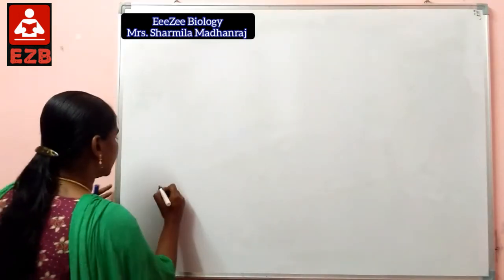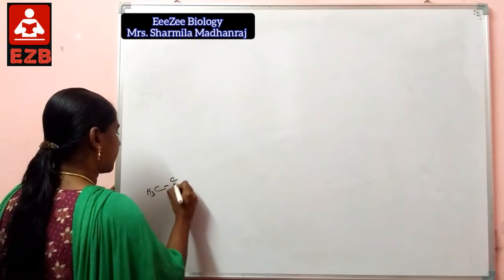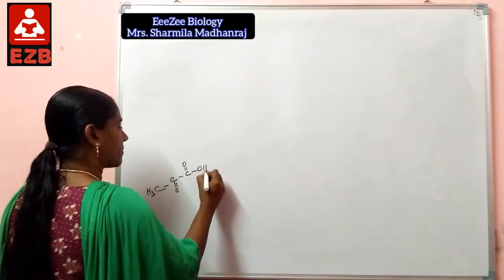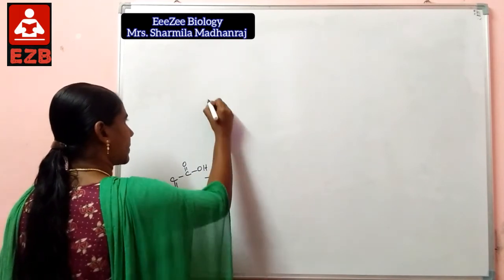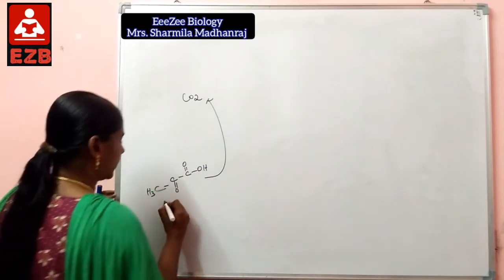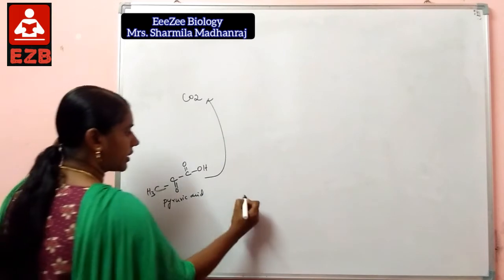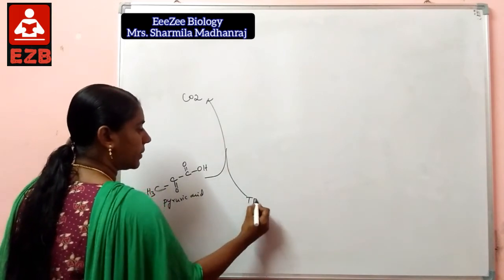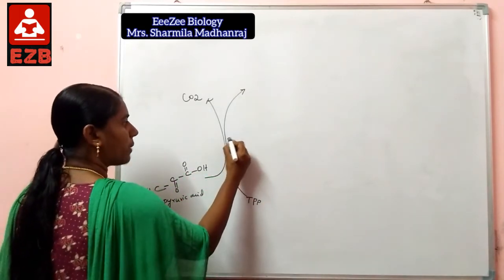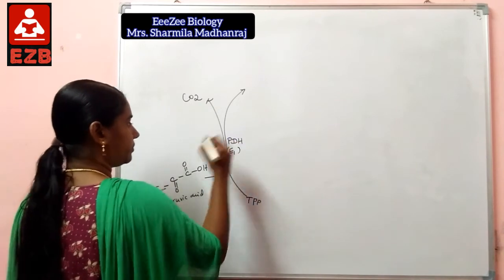First, pyruvic acid. This pyruvic acid reacts with TPP with the help of pyruvate dehydrogenase enzyme or E1.